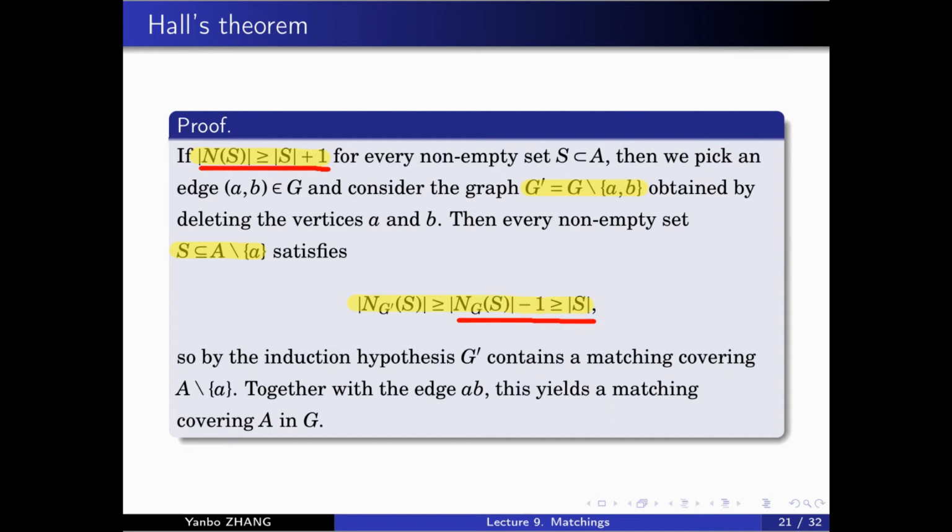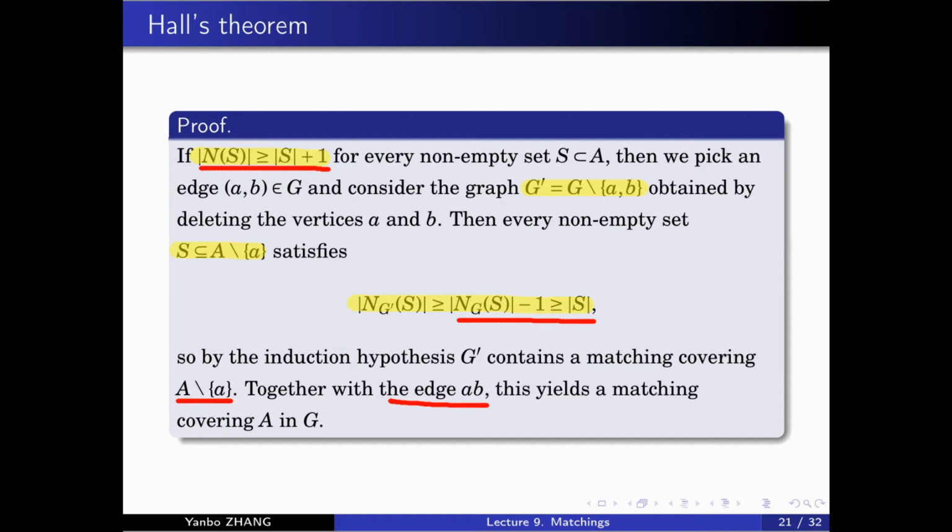So, by the induction hypothesis, G' contains a matching covering A minus the vertex a. So, how can we get a matching covering A? This matching, together with the edge ab, yields a new matching covering A in G. This is case 1.